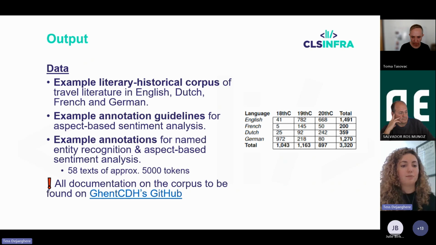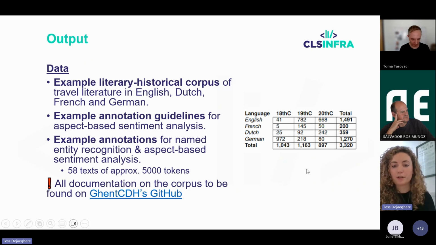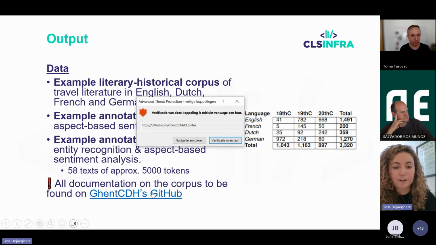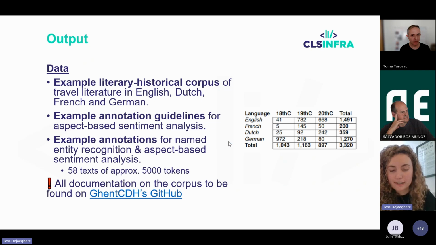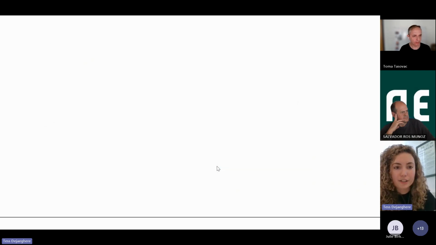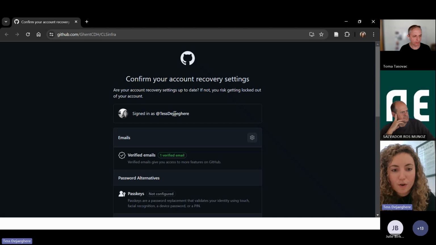And as I said, for the example annotations for named entity recognition and aspect-based sentiment analysis, we had 58 texts annotated of approximately 5,000 tokens for each text. So that's nice to experiment with across all of these languages. And all of this documentation on the corpus can be found on the GitHub of Ghent CDH. So that is where we chose to host this information for now.